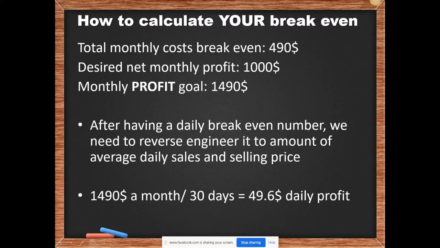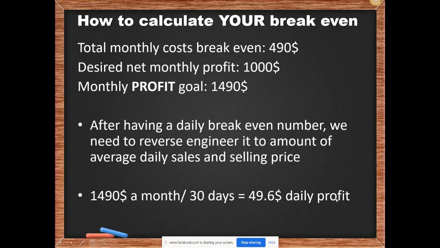Let's do it together. So, in our mind, we want to make $1,490 a month, okay? And if you divide it per 30 days a month, then you get that you have to make about $50 a day in profit.